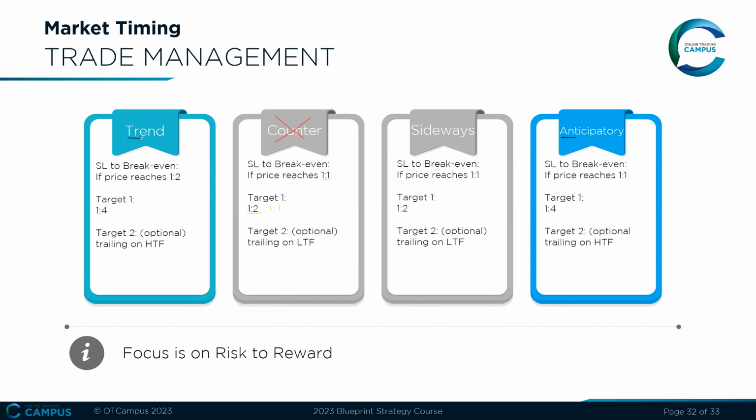So a trend, if we trade with the trend, I'm only going to put my stop loss to break even if price reaches a 1 to 2, compared to a 1 to 1, right? What we just did. That is because I know that there's more upside potential. There's potentially a 1 to 4, and therefore I want to give price more breathing space and more time to develop and to continue into that uptrend.